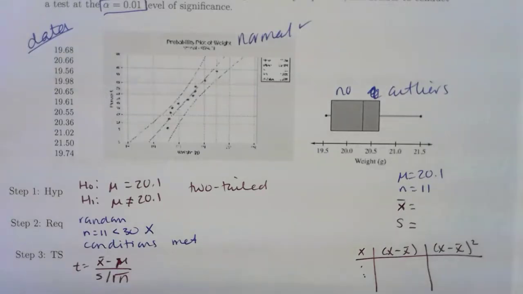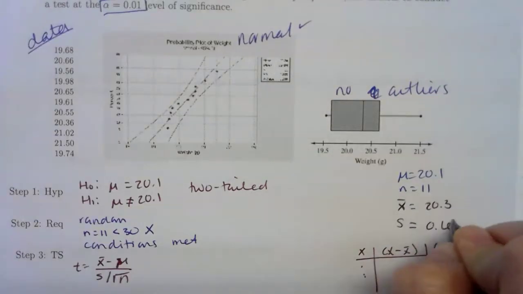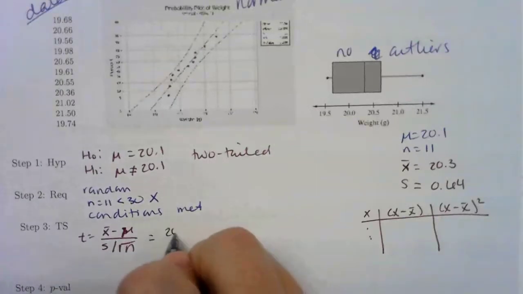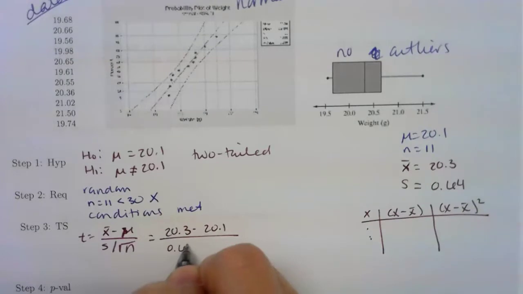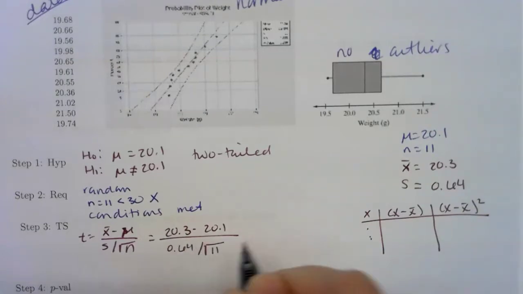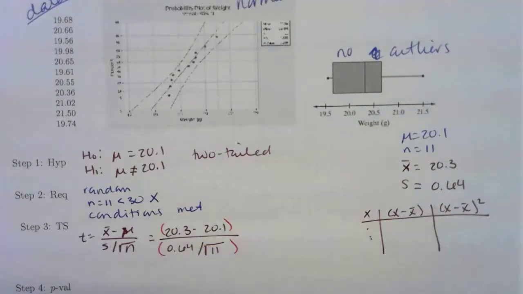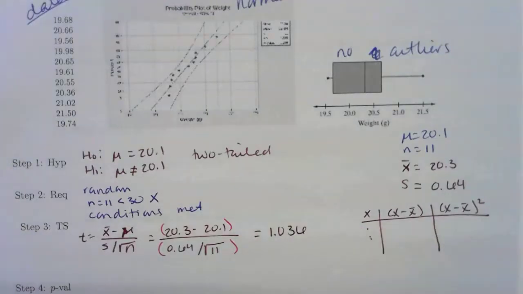And when you're ready, return. So x bar is 20.3, s is 0.64. So we can complete the test statistic. Again, parentheses. And our test statistic is 1.036.